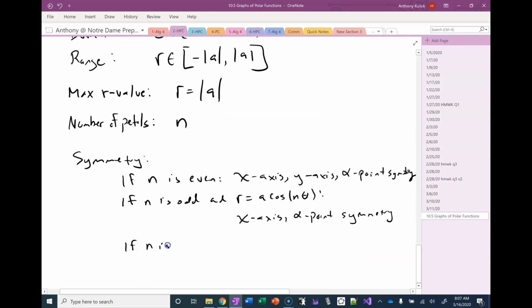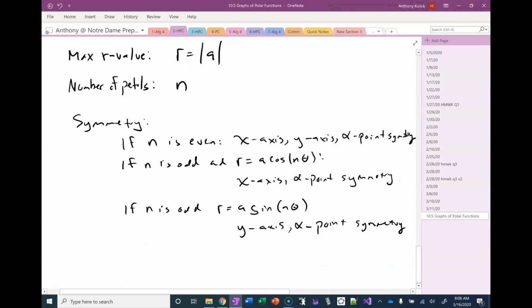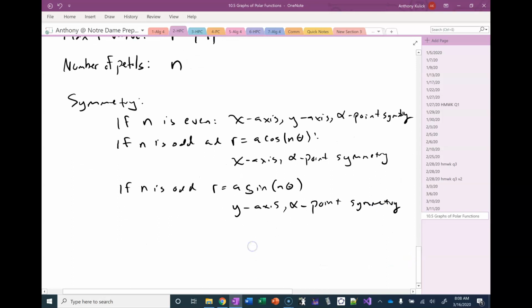And if n is odd and r is a times sine n theta, we have y-axis symmetry and alpha point symmetry. Now remember, alpha is just an angle measure, so how do we determine what alpha is? For all three of these situations, alpha is just 360 divided by n.